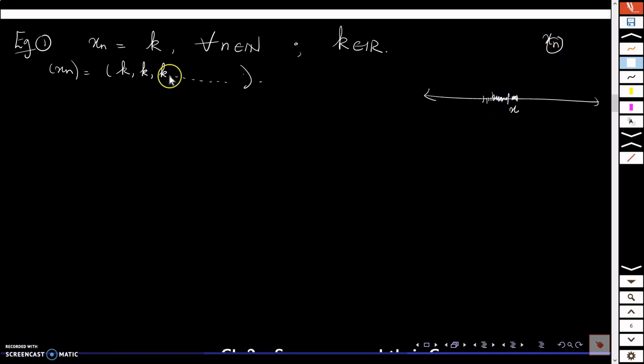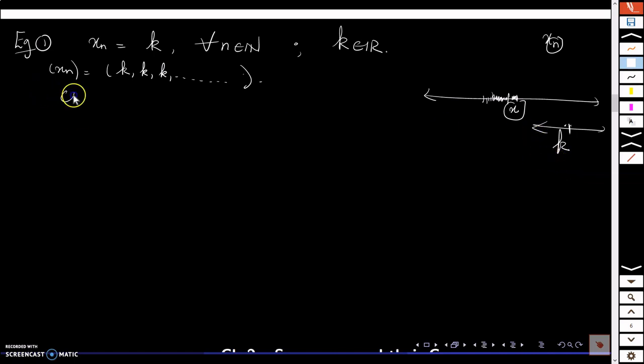As you keep on taking higher and higher terms of the sequence, the terms should come closer and closer to this point x to which it converges. Now if you see the terms of the sequence, they are always k, right? So they are very close to k, you can say. Actually all of them are k, right?